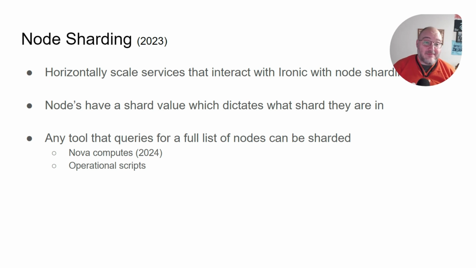Similarly, you can use that same idea for your own operational scripts. It doesn't have to be Nova. This is literally just a get filter of shard. So put it in your own operational scripts. And we also are going to use this as a tool in the future if necessary to help Ironic scale out. We've talked about, for instance, adding support to networking generic switch for sharding if we find that that's a need.